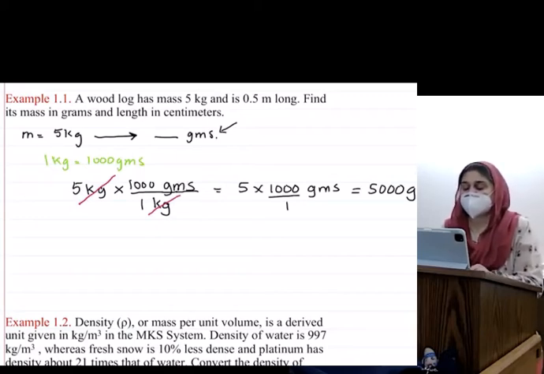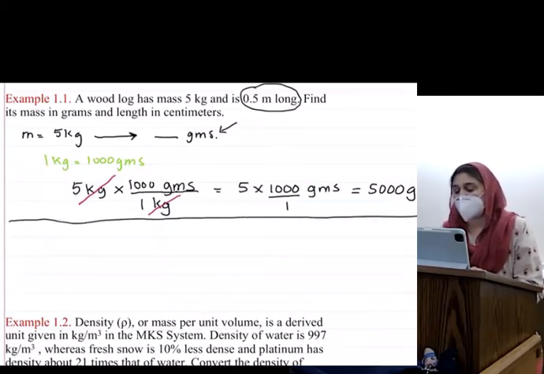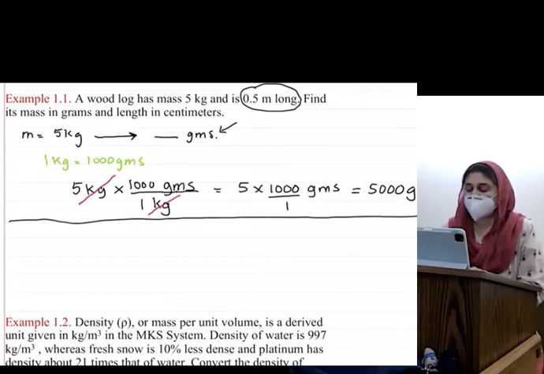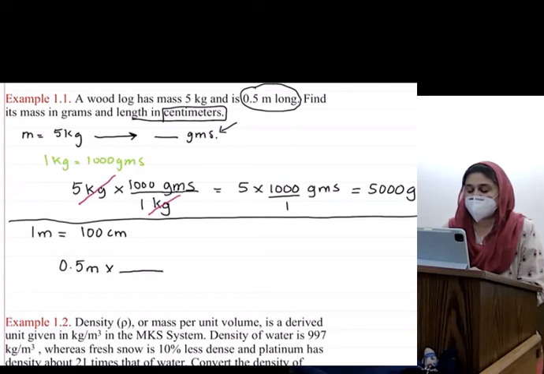Okay, the next one says its length is 0.5 meters. Okay? So I have to convert it into centimeters. I know 1 meter has how many centimeters? 100, right? So I have to convert 0.5 meters into centimeters. So how do I do that? What should go on my denominator?